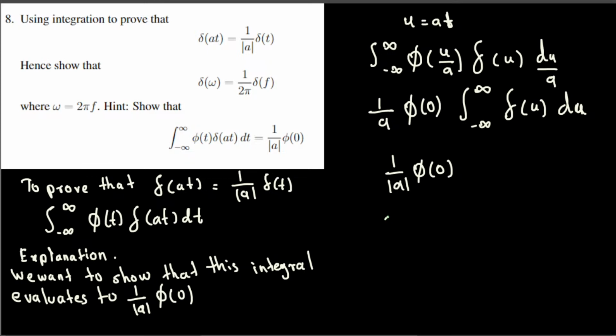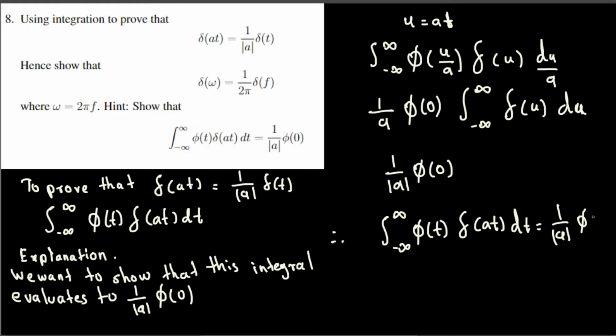So we can say therefore the integration from negative infinity to infinity of phi of t, delta of at, dt is equivalent to 1 over absolute value of a, phi of 0.